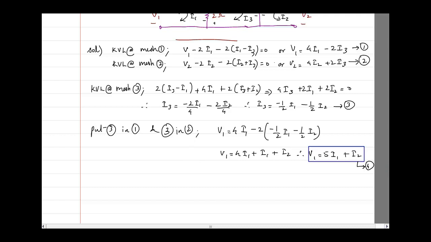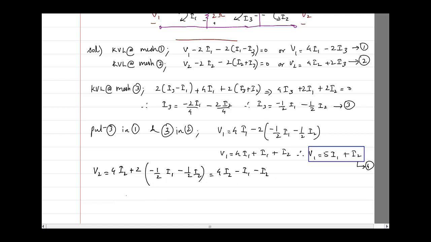Similarly, for the second case, for the case of V2, I will write V2 is equal to 4I2 plus 2 times I3. I3 is minus 1 by 2 I1 minus 1 by 2 I2. From where I can write 4I2 minus I1 minus I2.